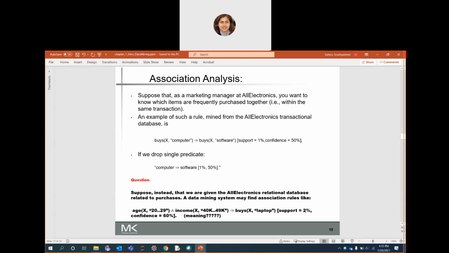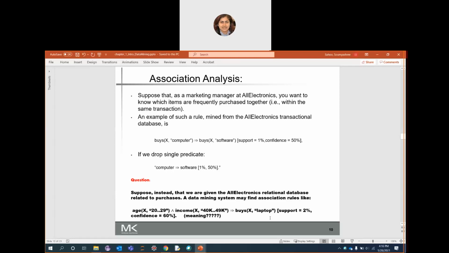The rule indicates that support of 2% means the customers under study for this association rule are in the age range of 20 to 29 years old, with an income from 40K to 49K, and they have purchased a laptop or a computer.